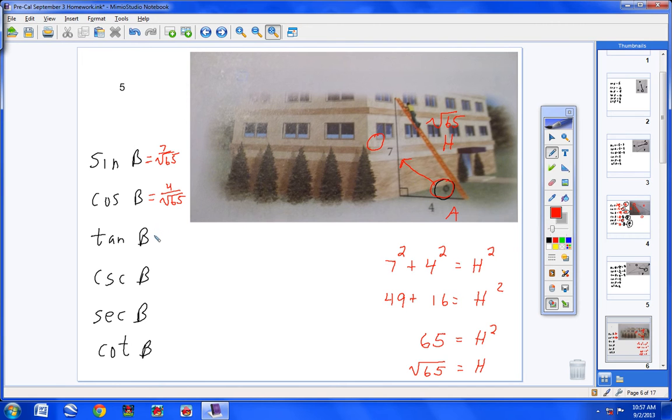And tangent is opposite over adjacent, 7 over 4. Now, cosecant is the inverse, so we would have square root of 65 over 7. Secant is the inverse of cosine, so square root of 65 over 4. And cotangent is the inverse of tangent, so 4 over 7.